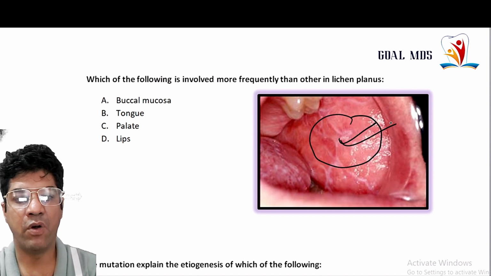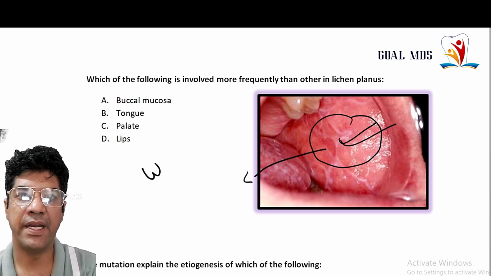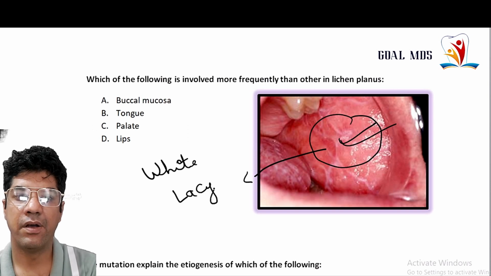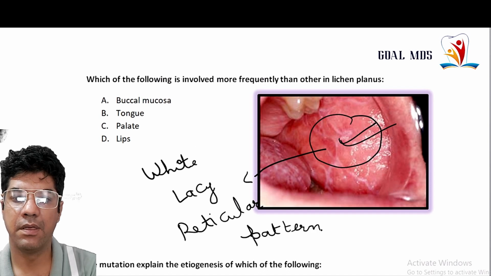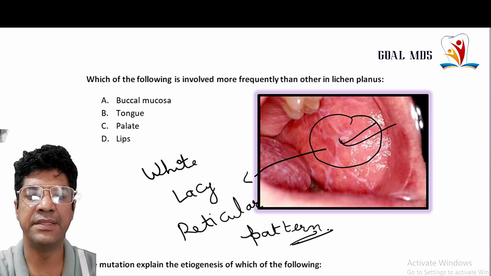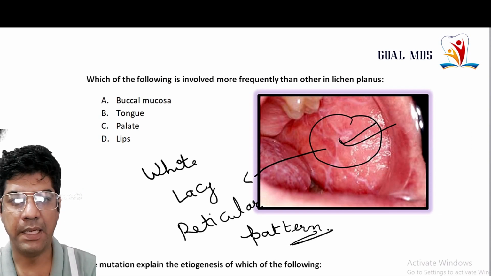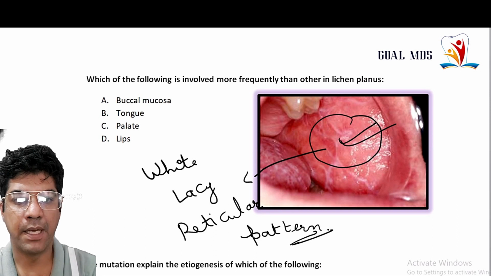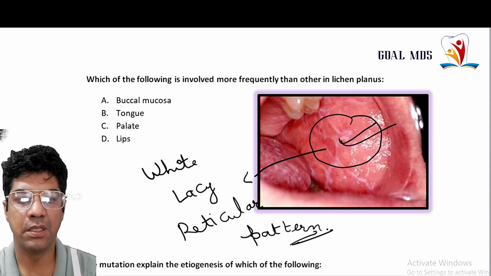It is frequently involved, and you can see these lesions are white, lacy or reticular pattern. The tongue may be involved, but it is less commonly affected. It can affect the palate and the lips, but they are less frequent. The most frequent site is the buccal mucosa.